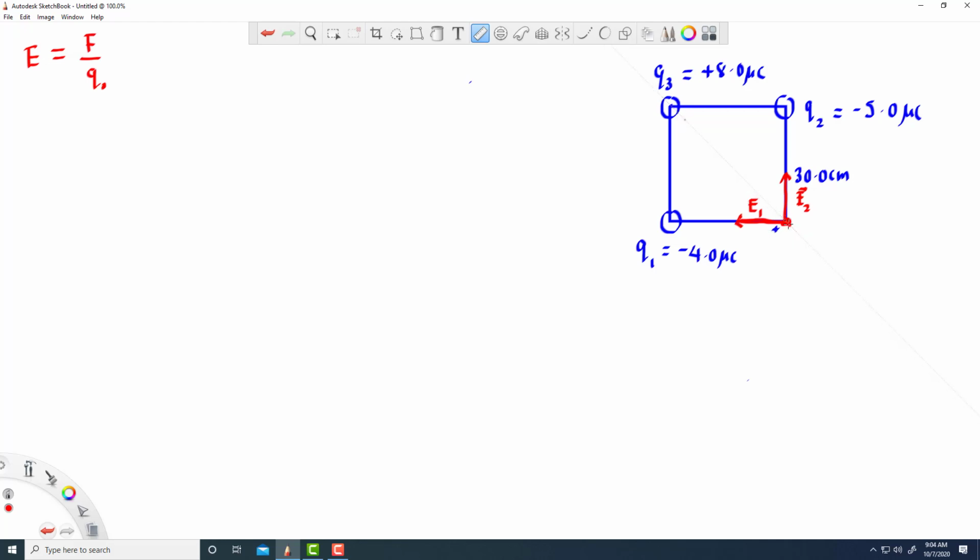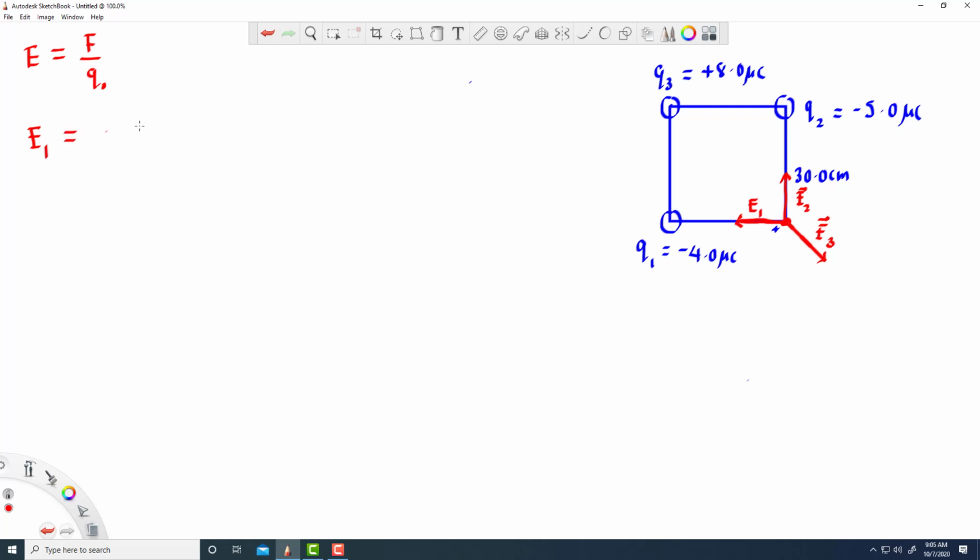So it would be away like that. Okay, so we have all 3 electric fields, and then we need to add the electric fields vectorially to get the net electric field. So what that means is we first need to find individual ones, so E1.